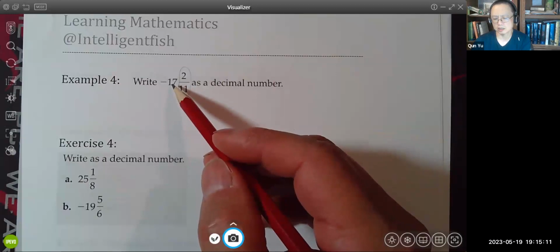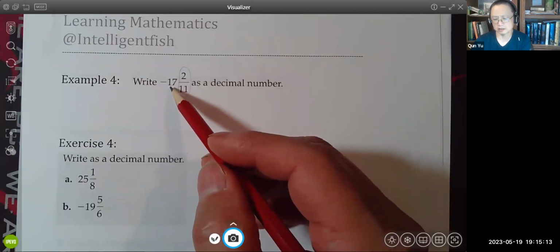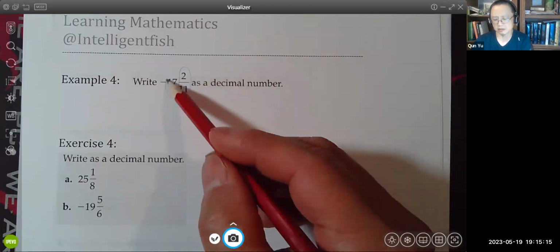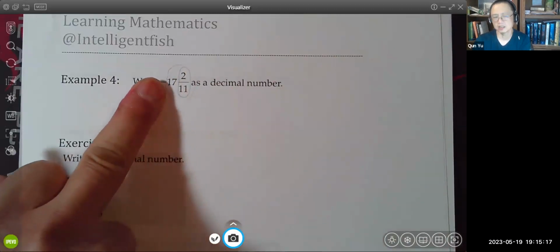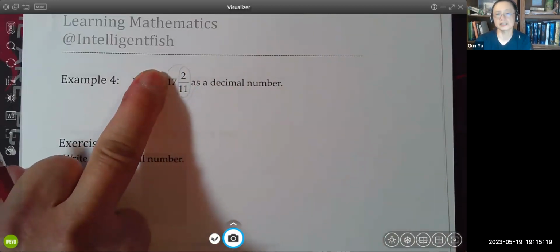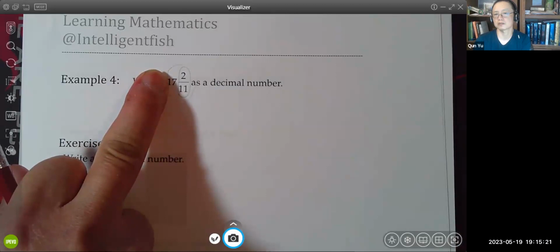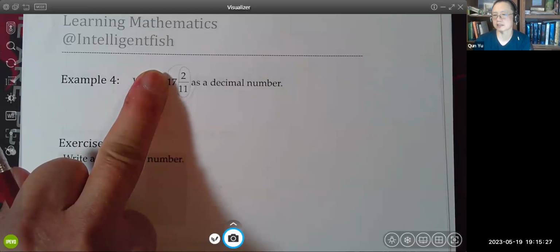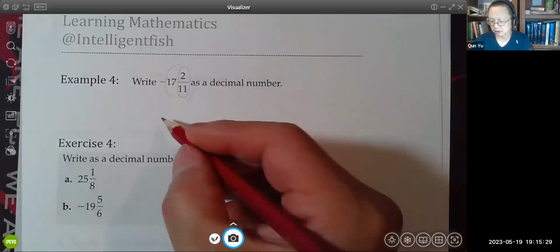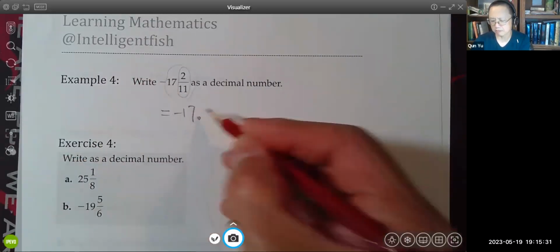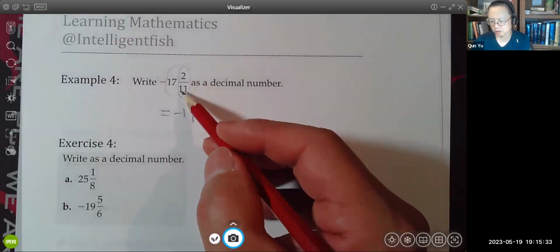We don't need to work with this 17, because we know 17 and 2/11 must be between 17 and 18. That's for sure. That means you're going to get 17 point something as a decimal. That's why we don't need to touch 17. So this is going to be negative 17 point something. That something is 2 divided by 11.